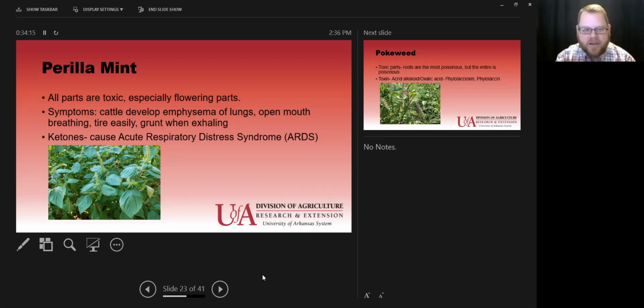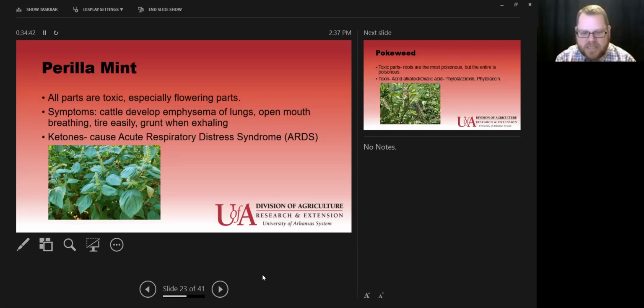Perilla mint is there. So one of the problems we see with Perilla mint is that it's one of those plants that's green when nothing else is. And it doesn't become attractive to cattle at all until it's all they have. And then they will eat, especially the tender growth on top. Those flowering parts, of course, are on top, so that's where they get them.